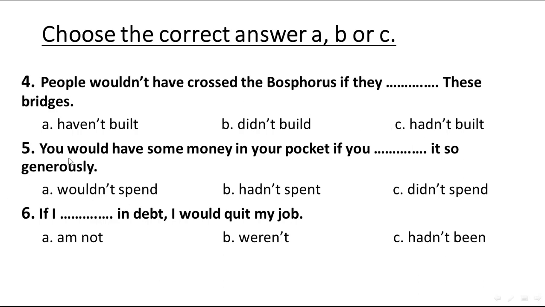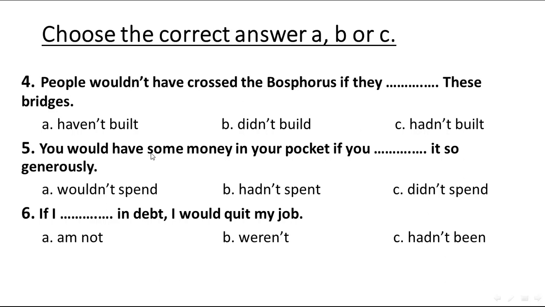Number 5, you would have some money in your pocket if you ate so generously. In this sentence, we also started with the result clause. The result clause contains would, have, and the rest. So would plus have, we have would and an infinitive.